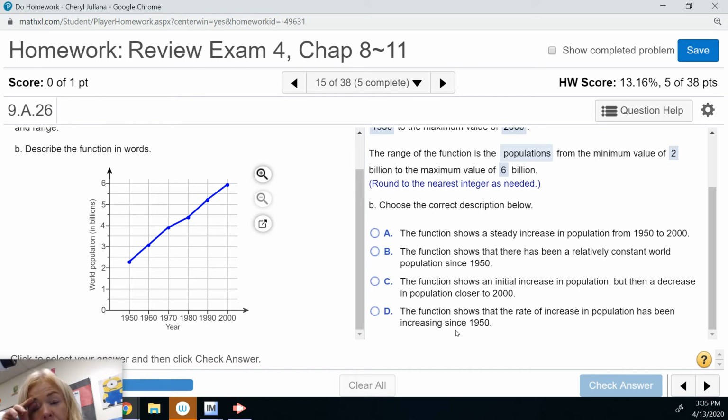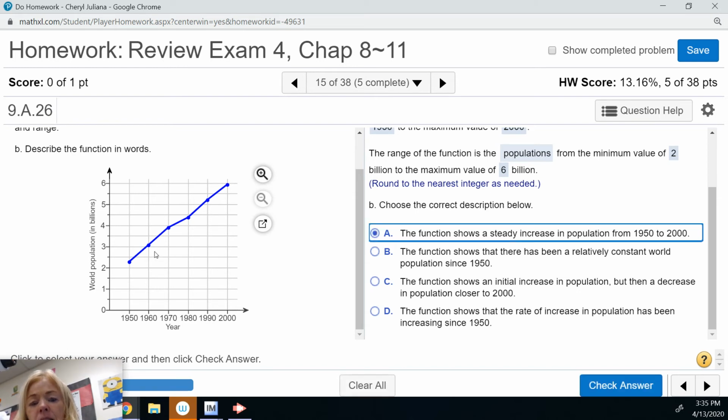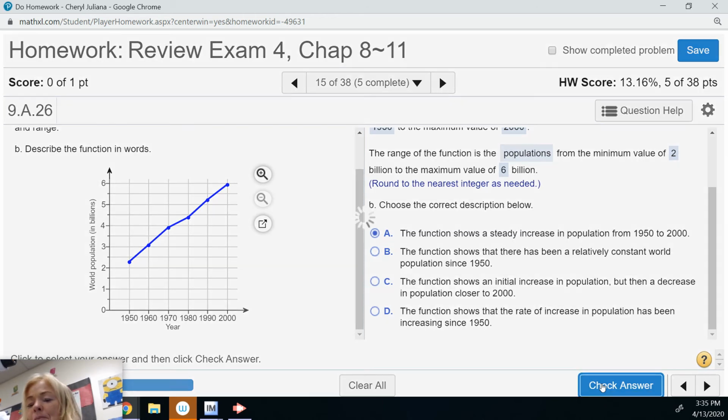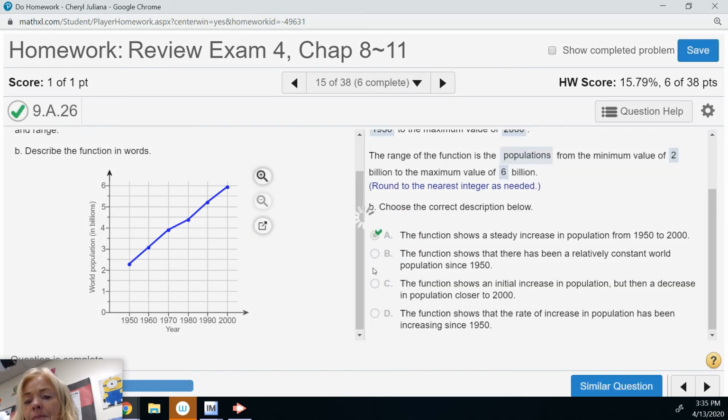It has been increasing, but the word steady is kind of important because it's almost linear. That's pretty steady. It's kind of weird to say the rate of increase in the population has been increasing. I think it just shows a steady increase in population. All right.